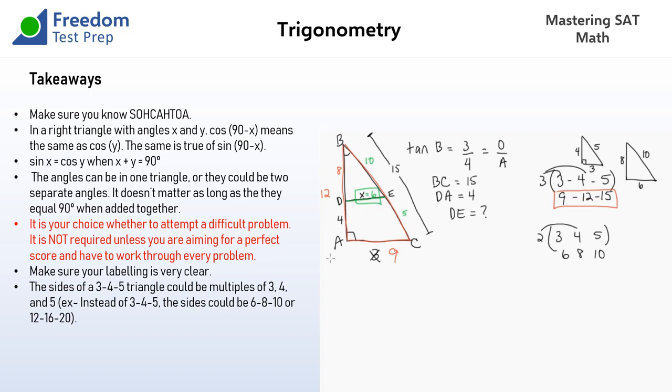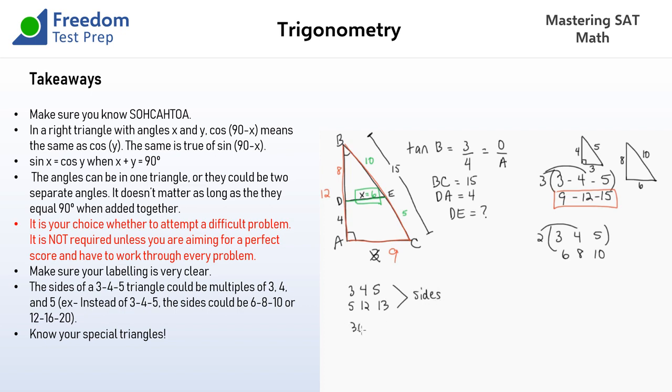Okay, so understanding how your special triangles work is really important. So let me just go over the other special triangles that you should know. So 3, 4, 5. You should also know 5, 12, 13. These just are concerned with the sides of the triangle.